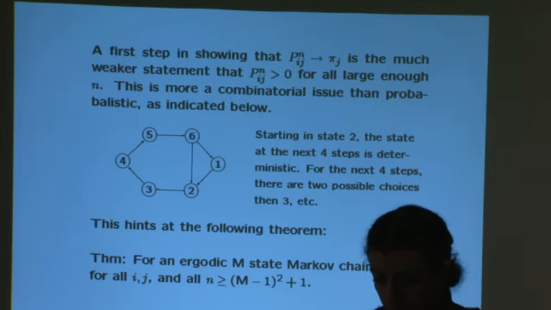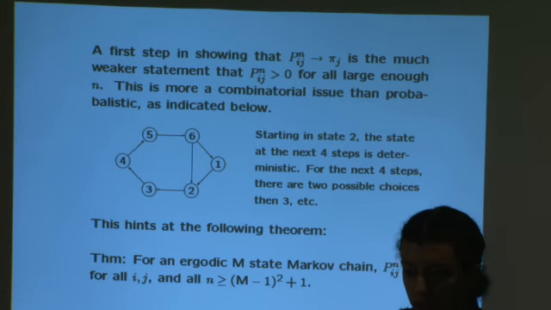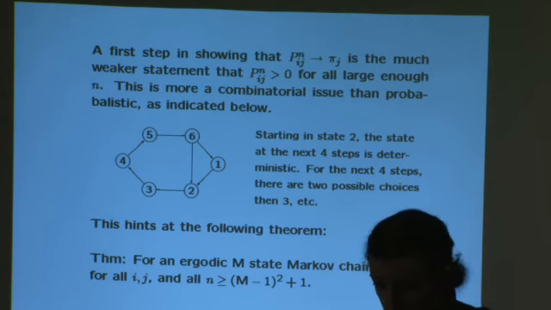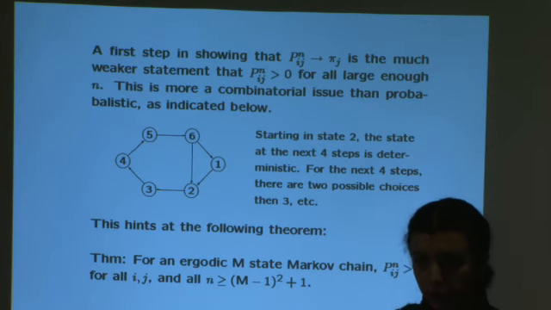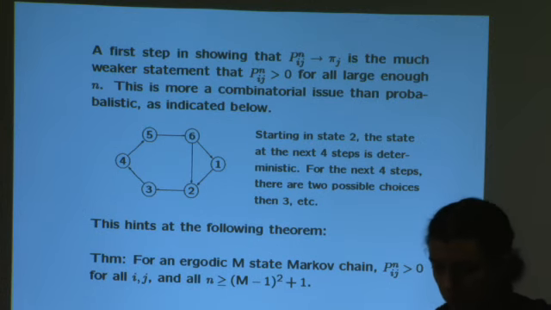The first thing that I need to prove is that p_ij^(n) is non-zero for large enough n, for all j and all the initial distributions. And I want to prove that this is true for ergodic Markov chains. This is not true generally.